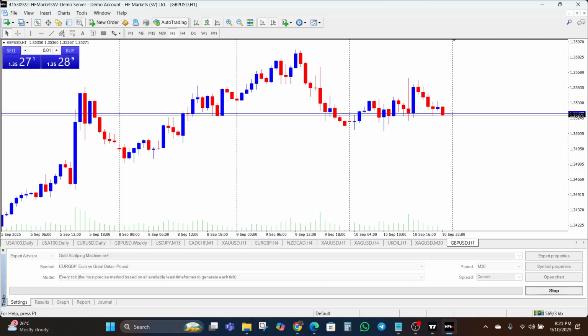Keep in mind that the quality of historical data matters. Once that is done, adjust your modeling settings. The closer the model quality is to 90% or higher, the more accurate your backtest will be. After you click the start button, you just wait for the strategy tester to simulate your trades.